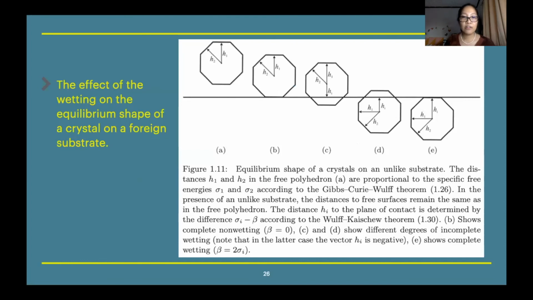So we have the following example, figure 1.11, showing the effect of the wetting on the equilibrium shape of a crystal on a foreign substrate.